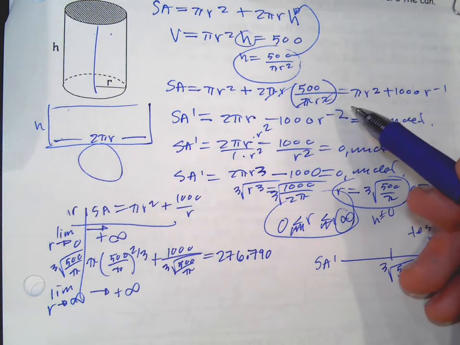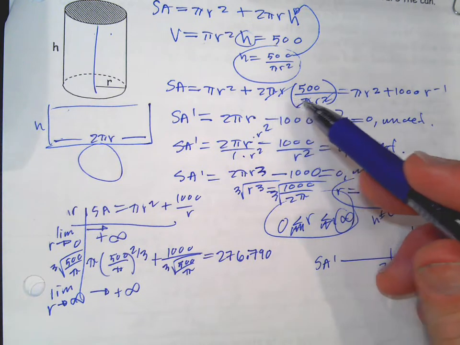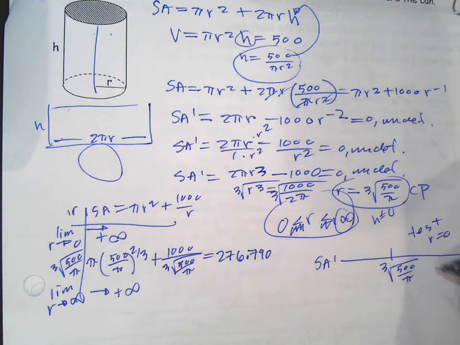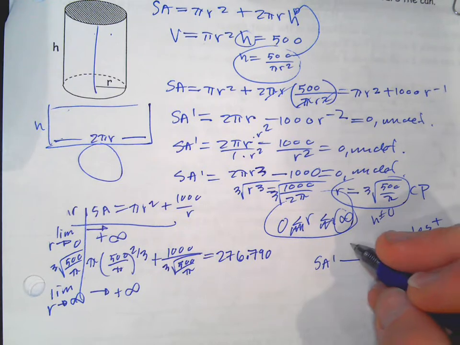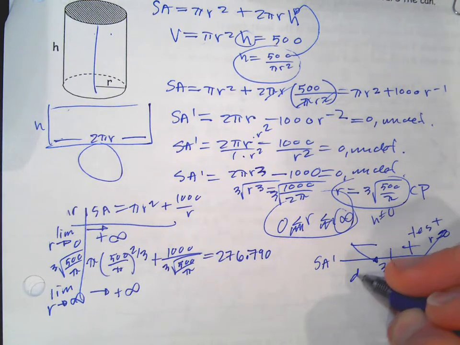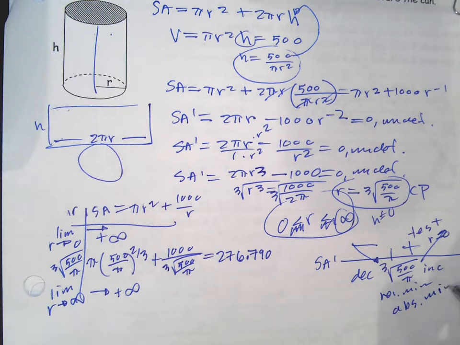So that's going to be 0. This is going to blow up, but it's going to be negative. So I think it's going to be negative, positive, decreasing, increasing. This is a relative min. And because it's the only one, it has to be an absolute min.